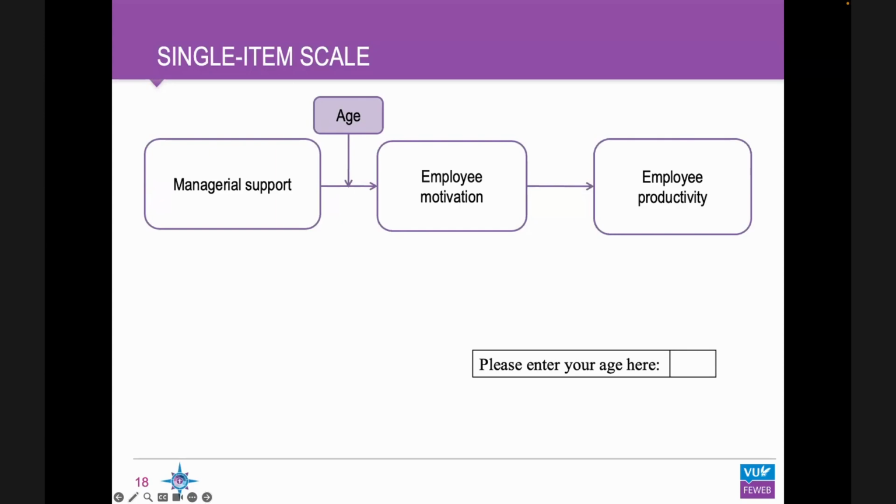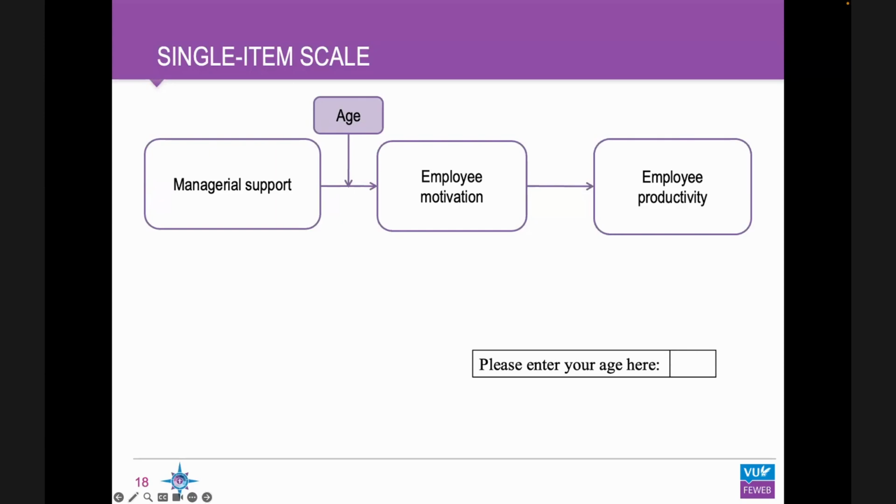And a multi-item measure, as we said, we have one underlying construct, which we don't observe. But it's too abstract to capture by a single item. So when we have concepts that are abstract or complex, we need multiple items to measure them. And here what we are after is their validity and reliability, which we will also go into in this lecture.